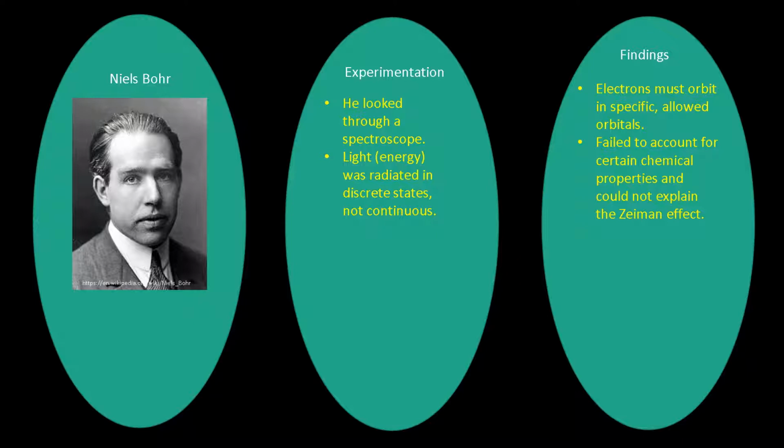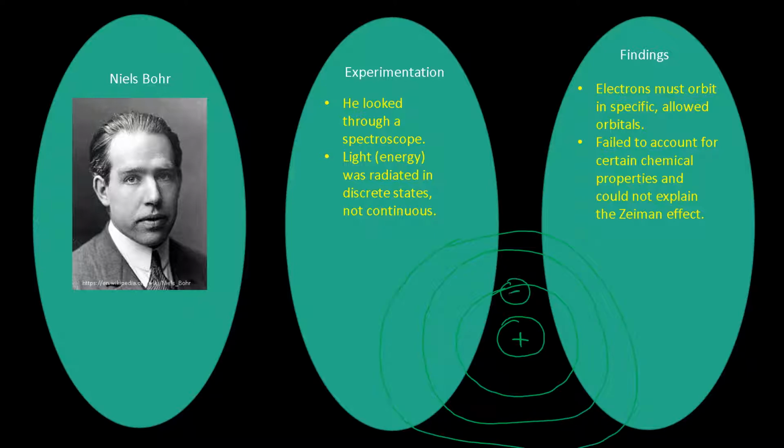And this failed to account for certain chemical properties and could not explain the Zeeman effect, but overall it was a very informative model. So it showed a dense positively charged nucleus here. Then it had orbitals all around in which electrons orbited the nucleus.